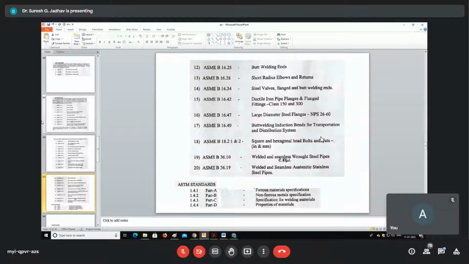So these are the parts. If you pick Part B, it means non-ferrous metals and their specific properties.